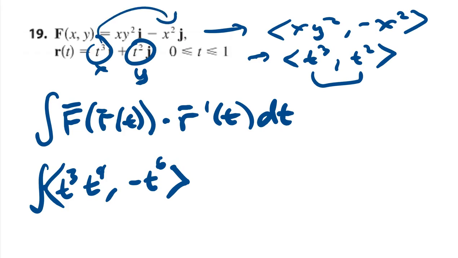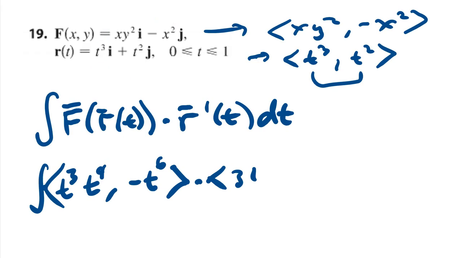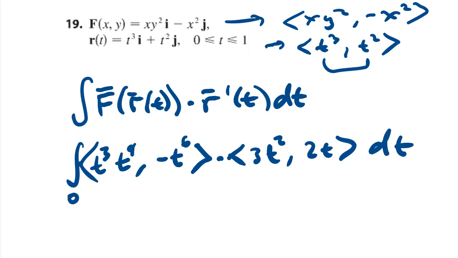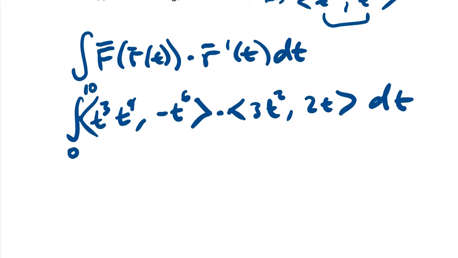Then you dot it with r prime. So r prime is 3t squared, 2t, dt. Supposedly we're going from 0 to 1, but let's go to 10 and see what happens.